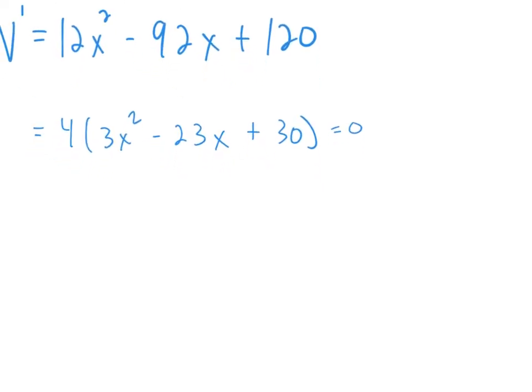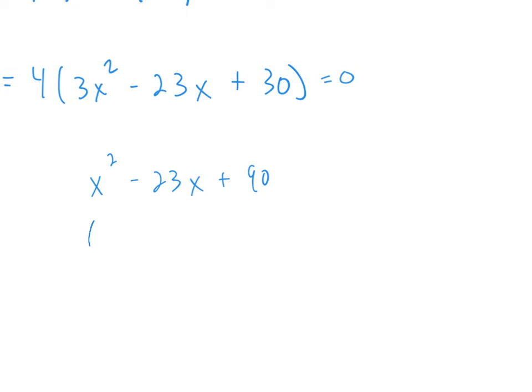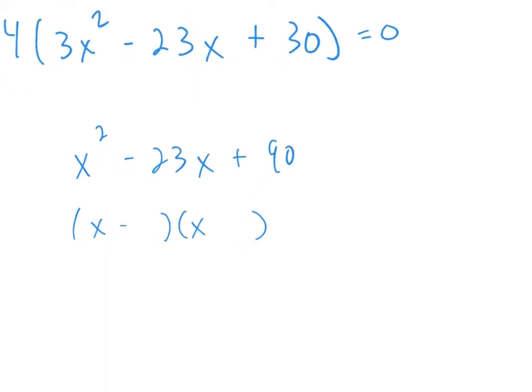We'll do the box method, or factor by grouping, however you want to do this. So that's minus 5, minus 18.